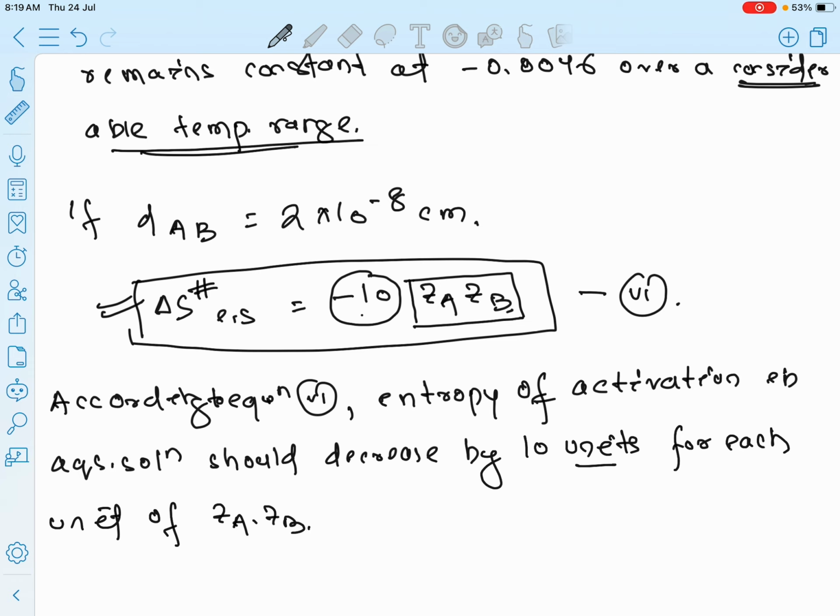As there is a minus sign, obviously the entropy of activation will decrease; for 1 unit change in ZA ZB, there will be a change of 10 units.